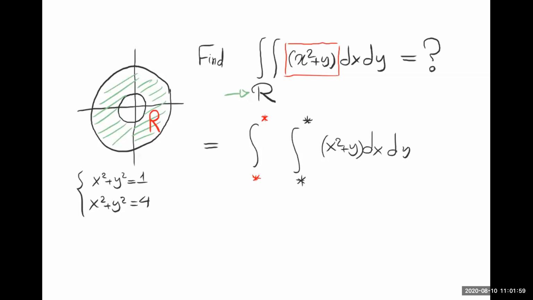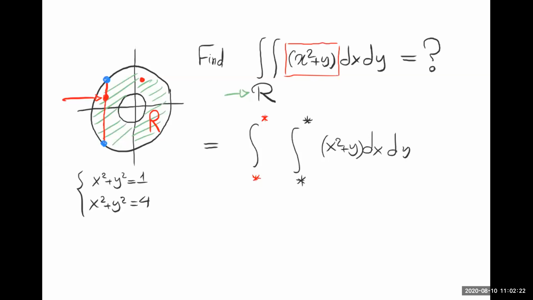It's not easy to find the bounds for x and y, because if you take a random point in this region, different things might happen. If you take your random point here, the bounds for the y component would be above this point and below this point.